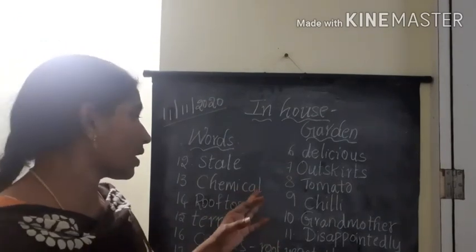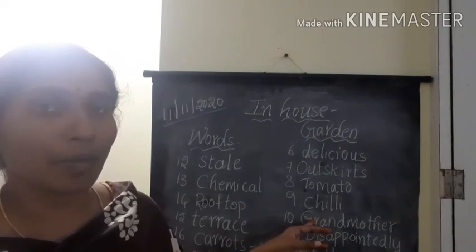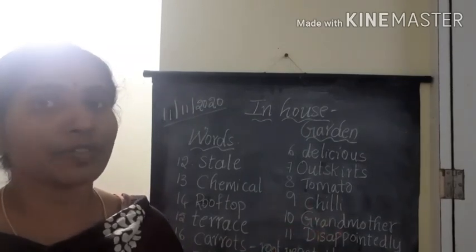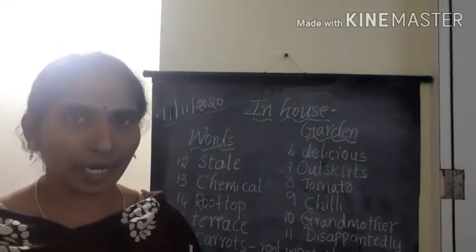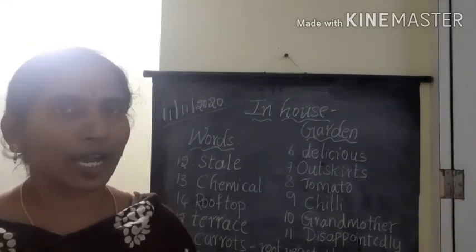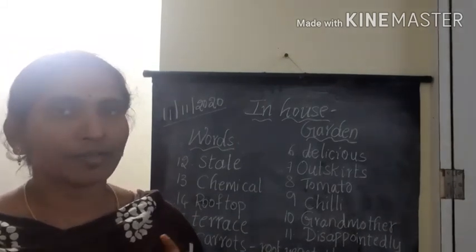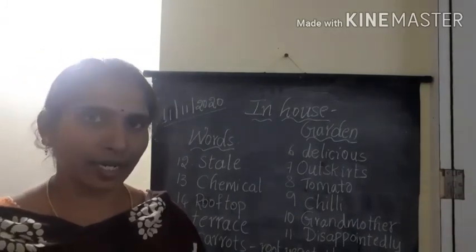Understand? Patty was also telling one thing about the grandmother. Grandmother doesn't buy any vegetables from the market because the vegetables from the market have a stale and chemical smell.